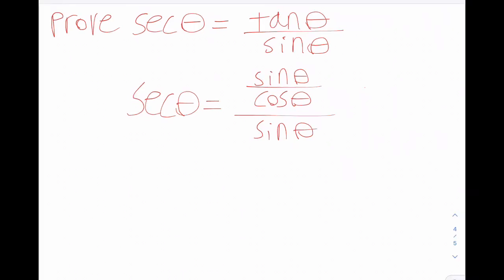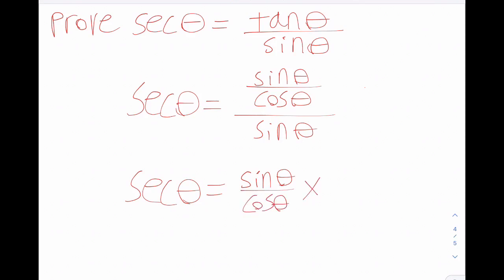Now we can say that secant of theta is basically equal to sine of theta over cos of theta, divided by sine of theta over 1, right guys? Because this means division.